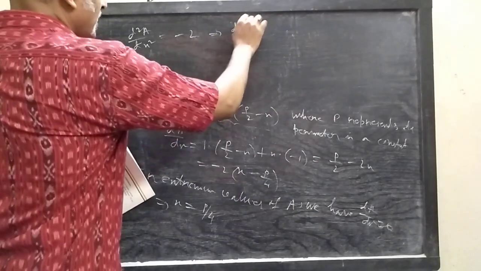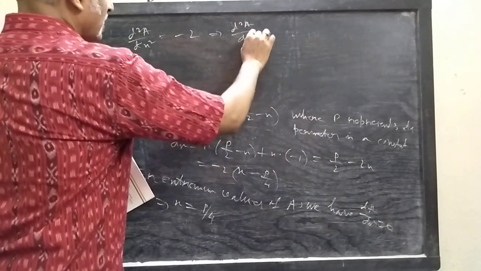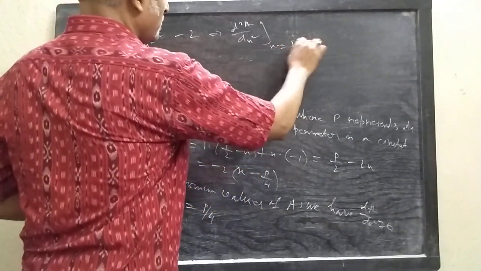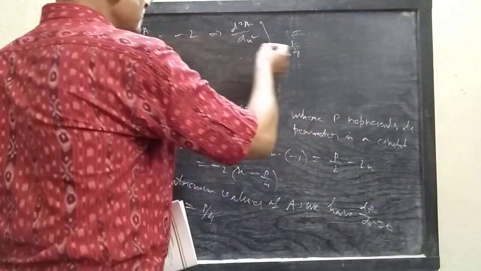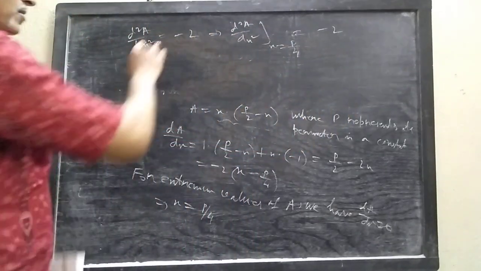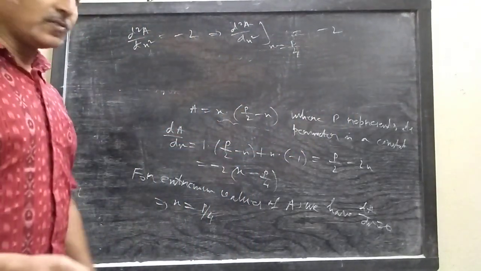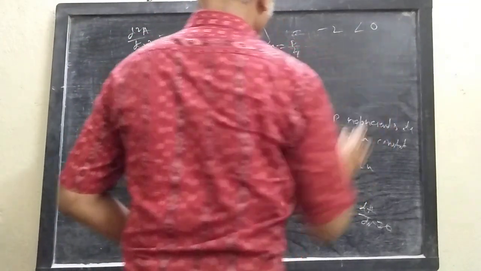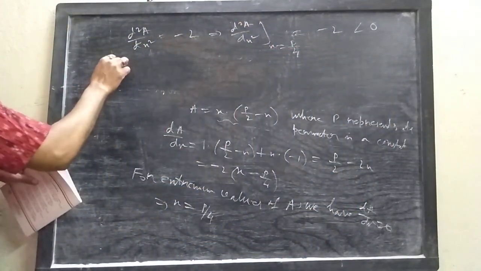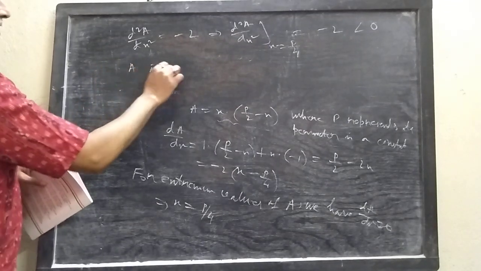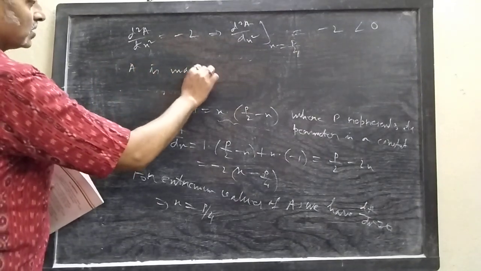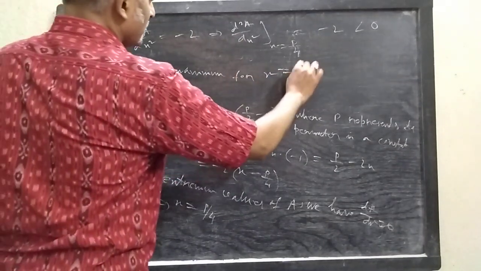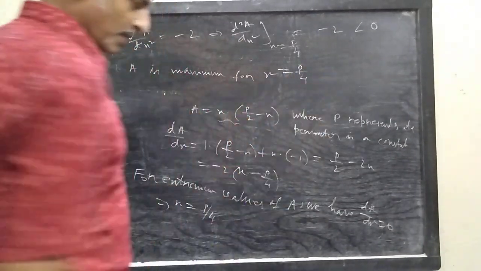So d2A/dx2 at x equals P by 4 remains the same, minus 2, because this is independent of x. Whatever the value of x, it remains minus 2. This is negative. Therefore we can conclude that A is maximum for x equals P by 4.